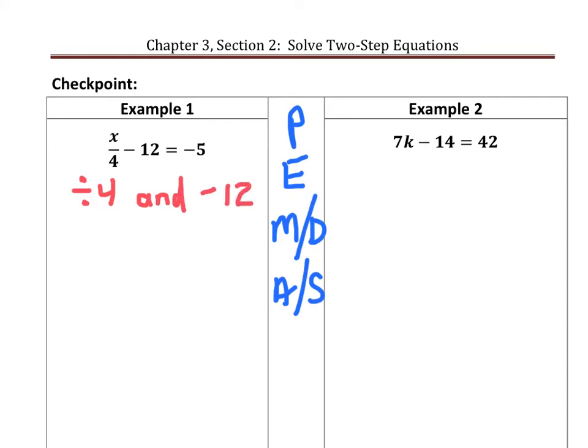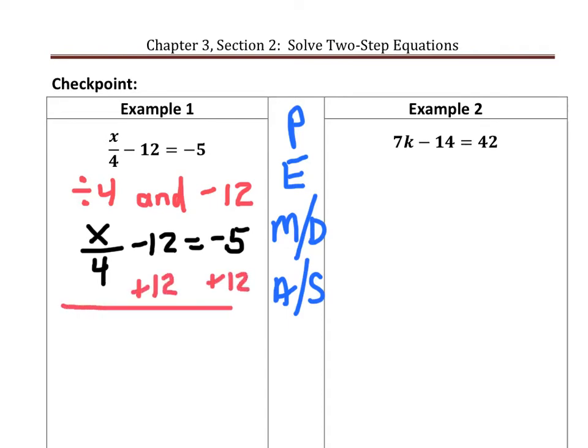All right, I want to go in the opposite direction to undo these operations. So I'm going to write down the original equation. We want to undo the subtracting 12 first because that's at the bottom. We're going to go from the bottom up now when we undo. So I want to undo subtract 12 with add 12. Whatever we do on one side, we got to do on the other.